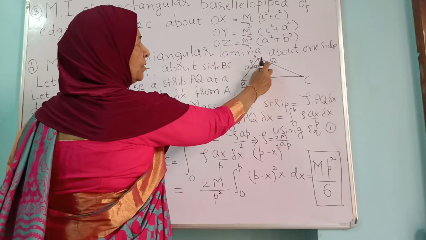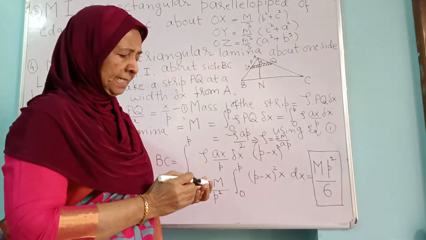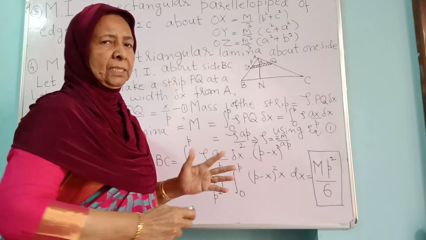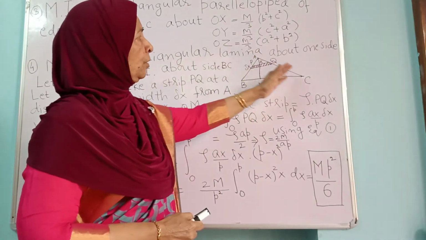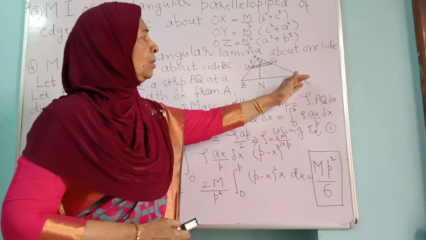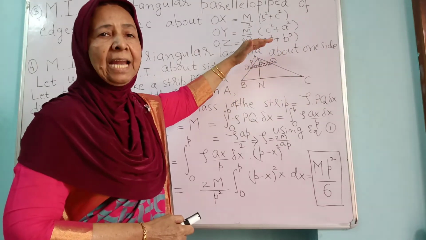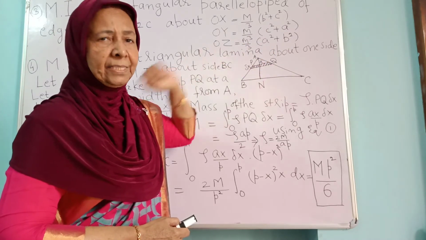So one strip you can consider at a distance x of width delta x. This is what we can do, because we have to find the moment of inertia of this whole triangular lamina about BC. So we have divided this lamina into a number of elementary strips.